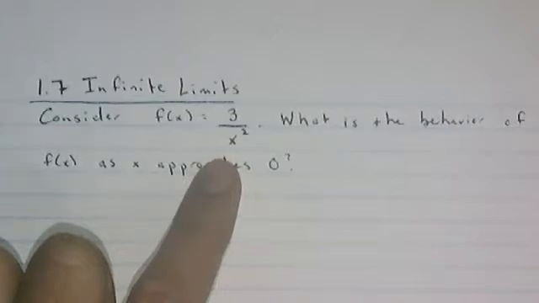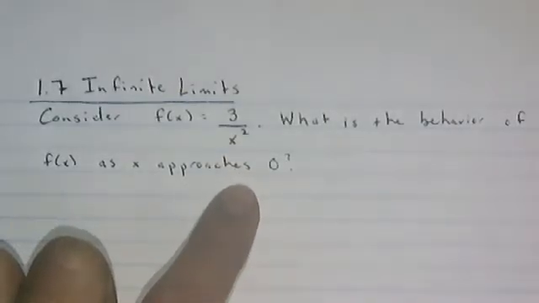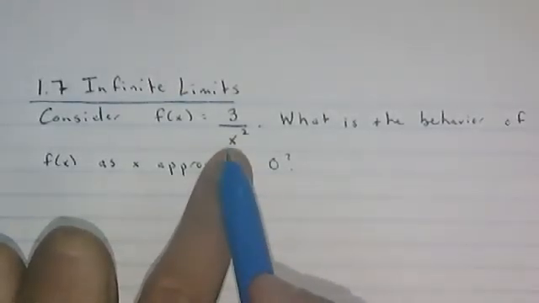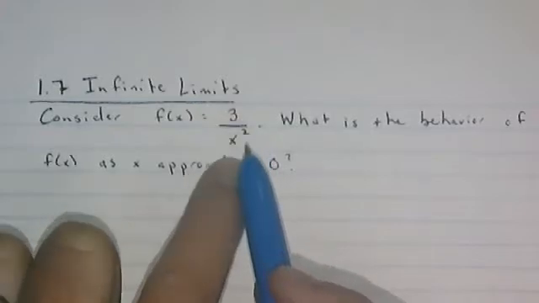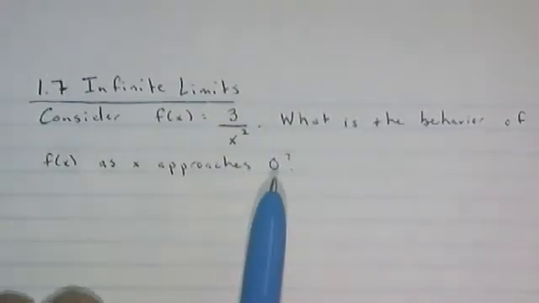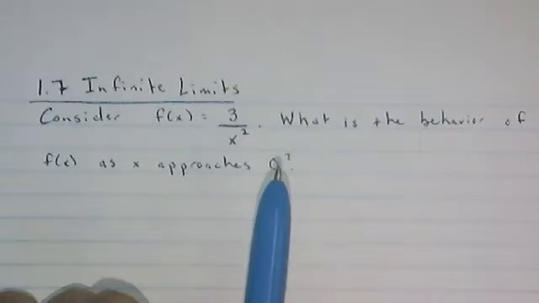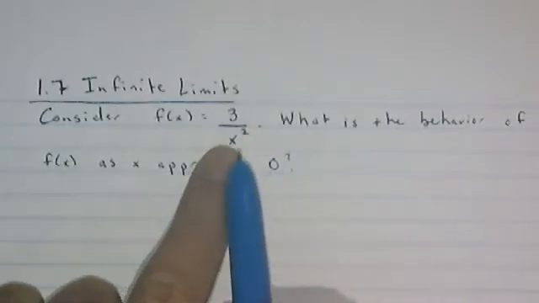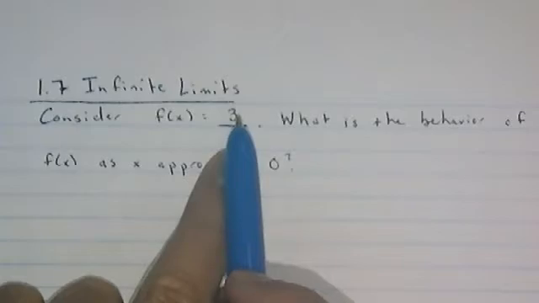Just to give you the answer before we show it, what do you think happens as we divide 3 by increasingly small things? Let's say we plug in 1, you're going to have 3.